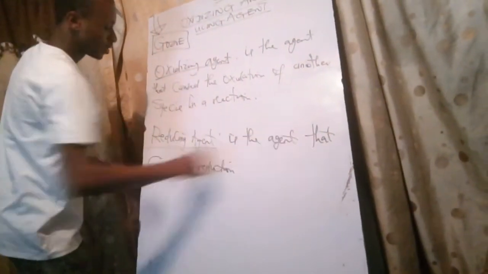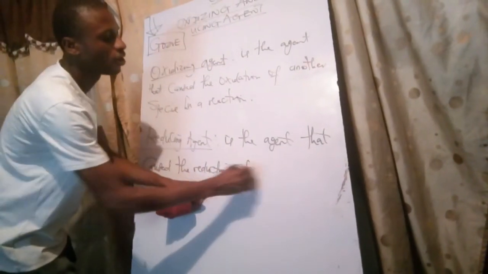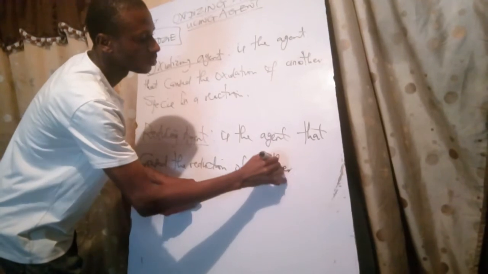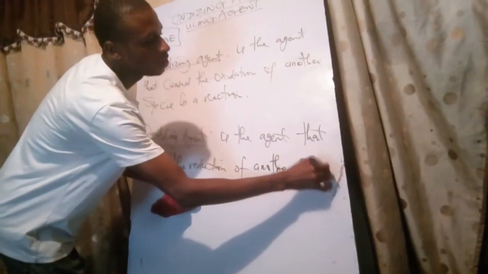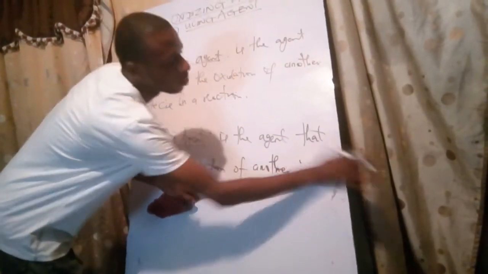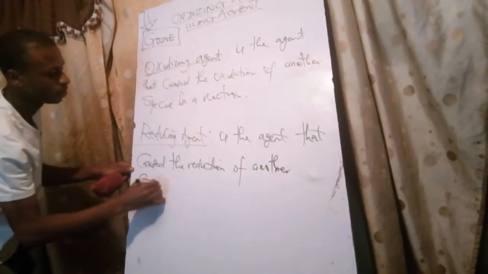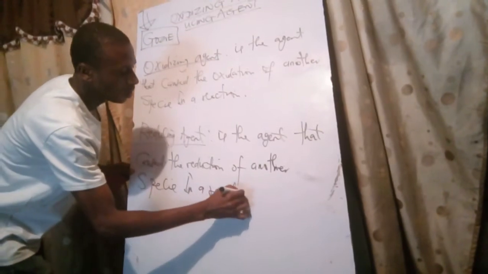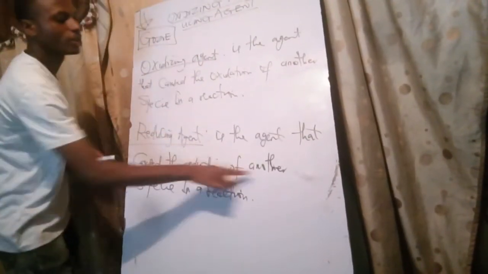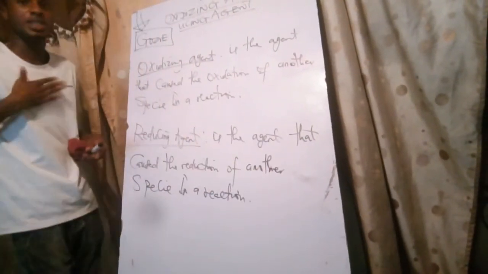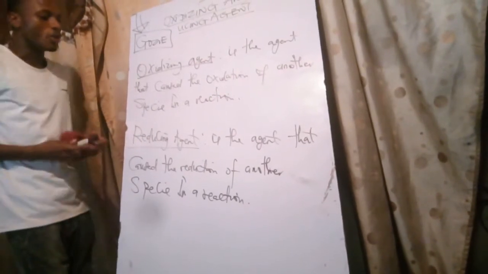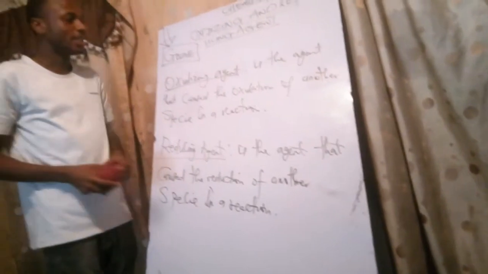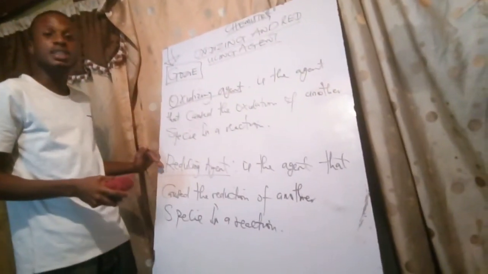The reducing agent is the agent that caused the reduction of another species in a reaction. This another species is me, and you are the agent. I hope you understand this so far. All right, that is the meaning of oxidizing agent and reducing agent.